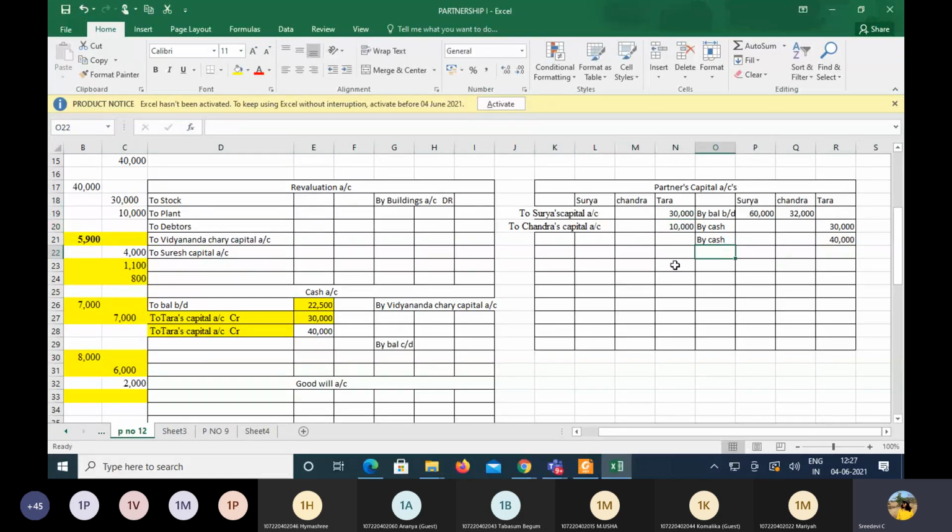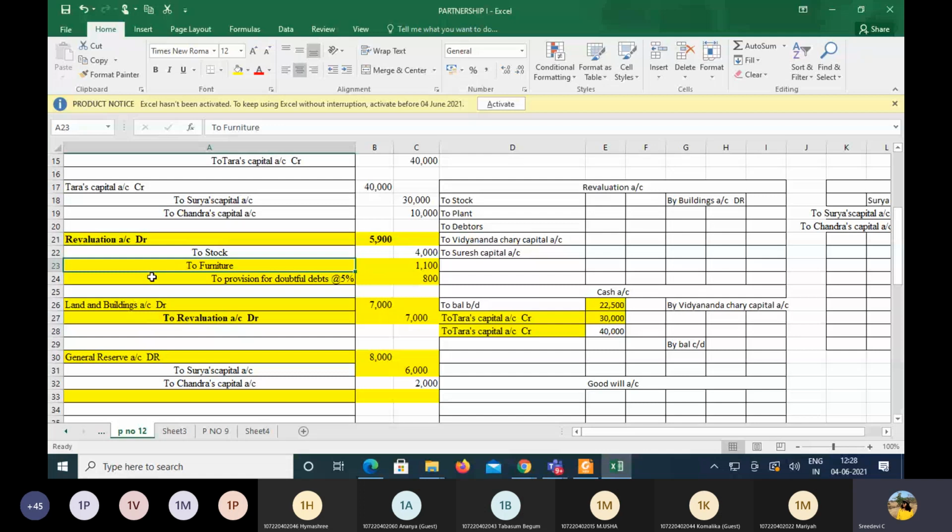And in their capital accounts we put it as by Tara's capital account. So here 30,000 is Surya's share in the goodwill and 10,000 is Chandra's share in the goodwill. So we made the postings of the goodwill also.